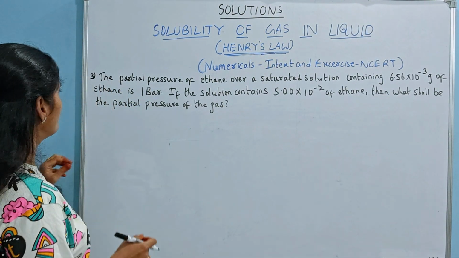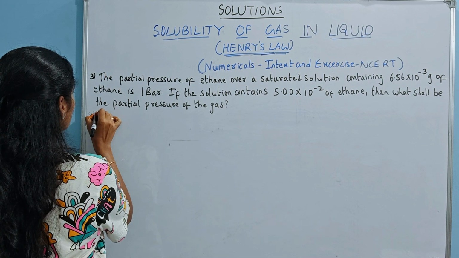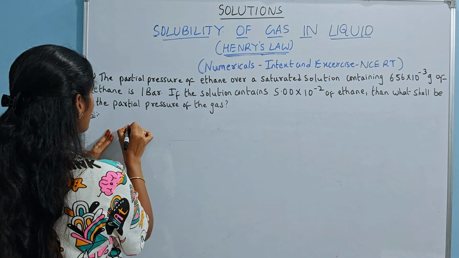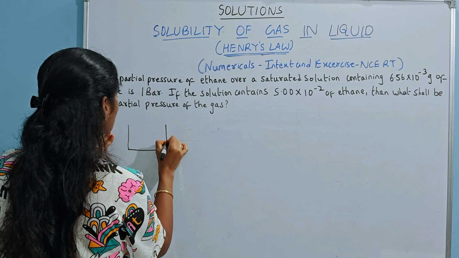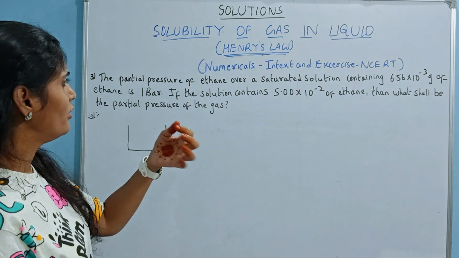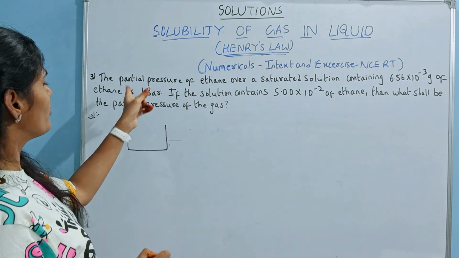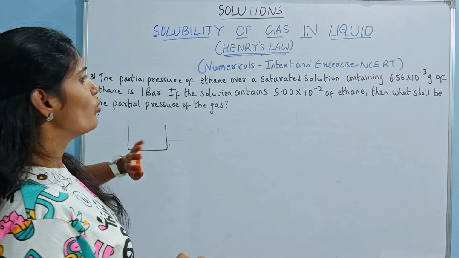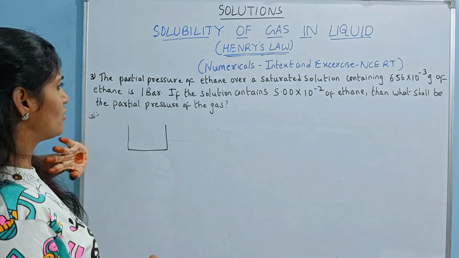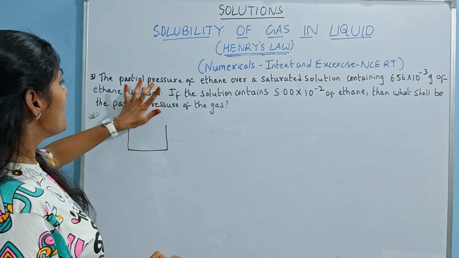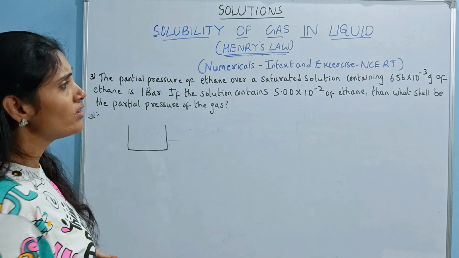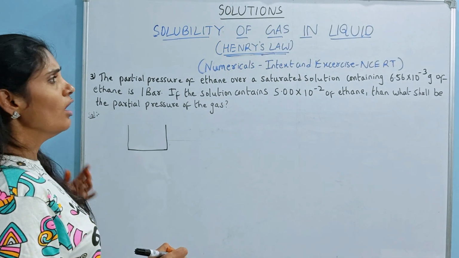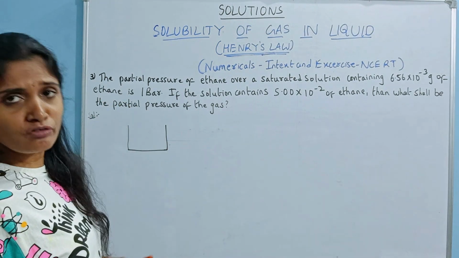First let me explain what he is trying to tell us in the question here. Now we have a container, a beaker or a container you take. The partial pressure of ethane over a saturated solution containing 6.56 grams of ethane is 1 bar. He has given the partial pressure of ethane over a saturated solution, and he has given us the mass of ethane.